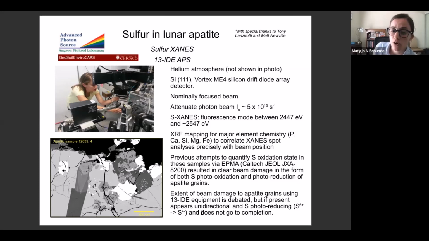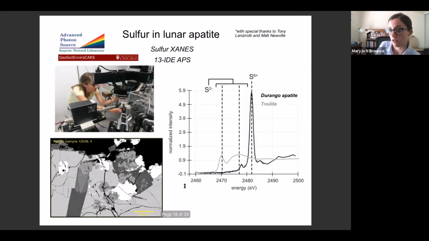Yeah, this is where the statement "does not go to completion" comes from, because within our collection parameters, we can collect this one spectrum, and it takes something like 10 or 11 minutes, depending on dwell time, so that we're in this region by about 5 or 6 minutes in, and we can just sit there and count for long periods of time.